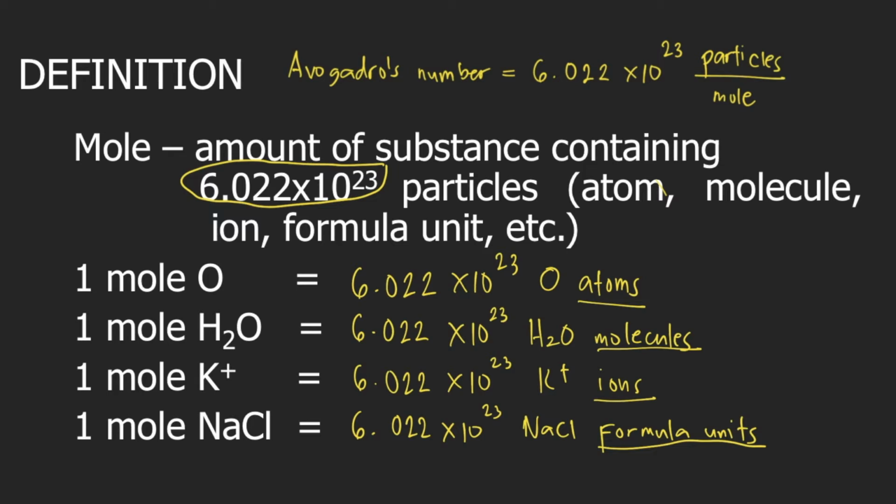Again, when you say 1 mole of the substance, that is automatically equal to 6.022 times 10 raised to 23 particles. And particles can be atoms, molecules, ions, or formula units depending on the nature of the substance.